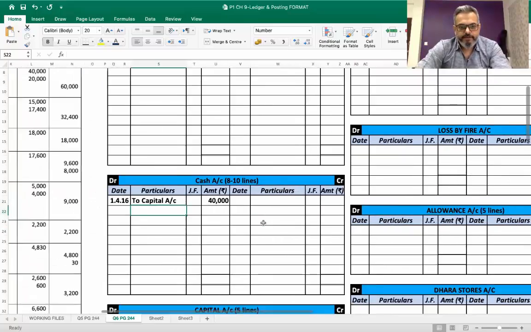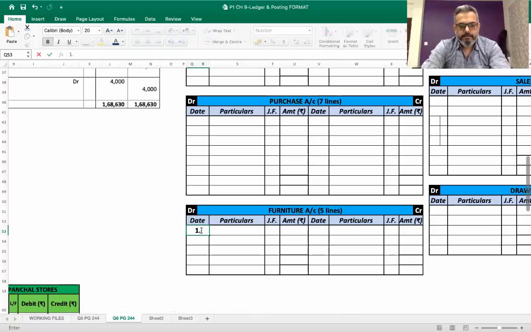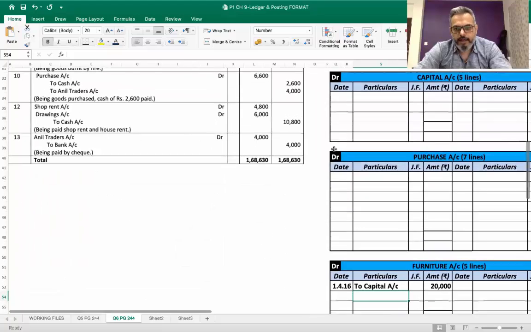So locate the furniture account. 1/4/2016, debit side of the furniture account, 20,000, to capital. Cash account debit 40,000, furniture account debit 20,000. Both are done.